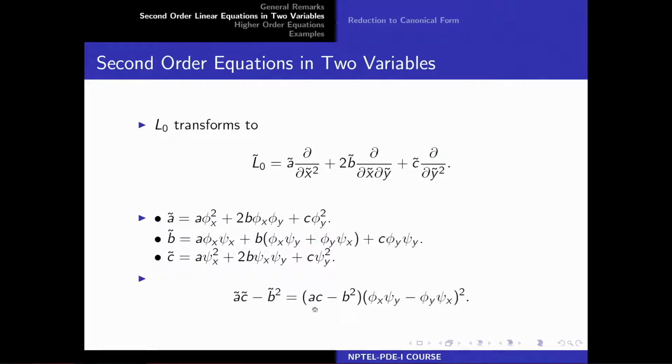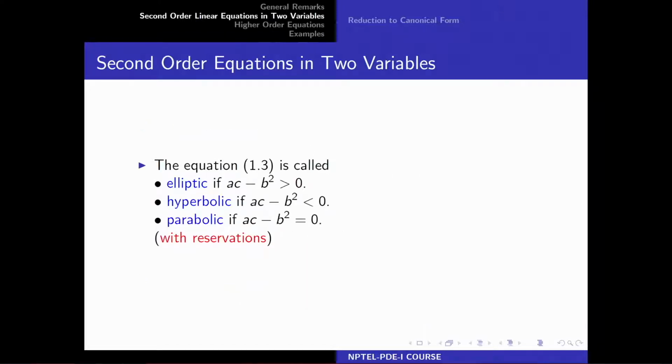If it is definite in xy variables, it is also definite in x tilde y tilde variables. That is an important observation. So, the type does not change under a non-singular change of variables. Non-singularity is used here. So, this is non-zero, and you are multiplying only by a positive quantity. So, the type does not change, that is very important.